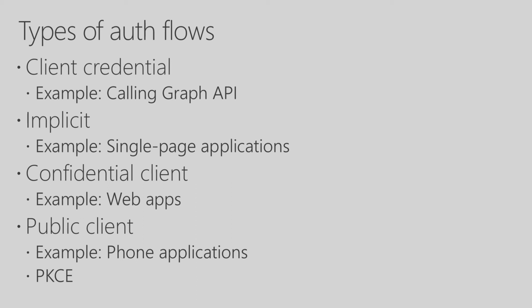Cool. So in the Azure world, we support these 4 general categories of authentication flows. Each one has a very specific application, and even though more than one might work for your app, there's usually one that was better for you to pick. So client credential is essentially for daemon apps.